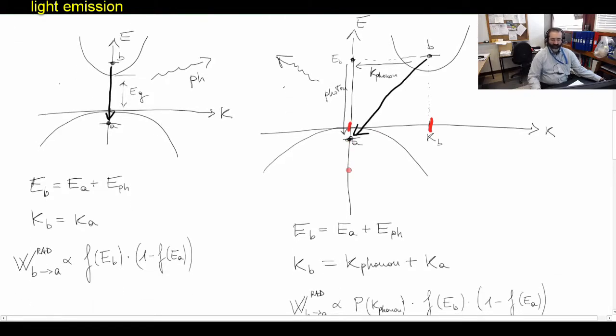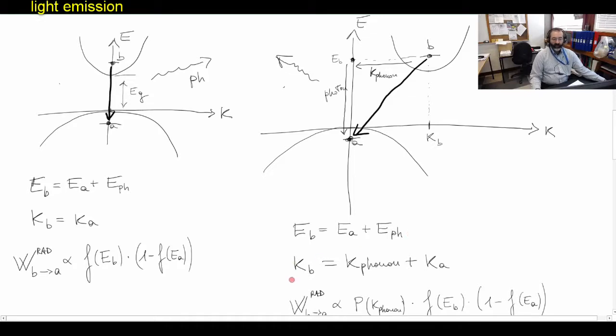So the conservation laws say that the energy EB must be equal to EA plus the energy of the photon. We are not including the energy of the phonon, because it is negligible, very small.